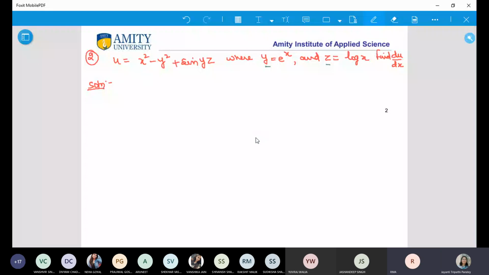That means y and z depend on x, so it's a kind of composite function. Now if I have to write, you can write it like this: u is f(x, y, z), right? Now see this carefully. x is there, y is dependent on x and z is dependent on x. So if I write du by dx, just see.